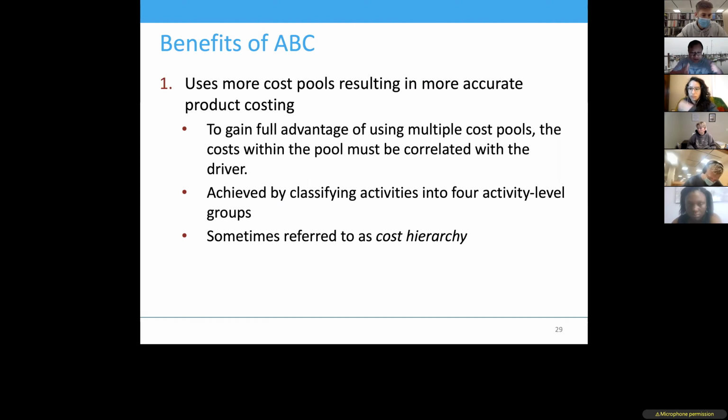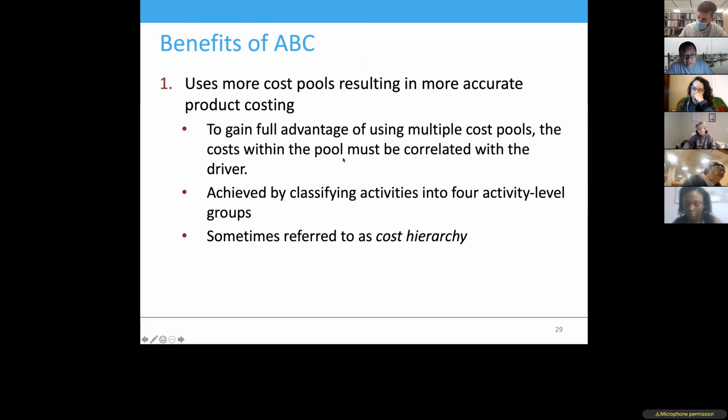But now, since you subdivide this overhead cost into different cost pools, you can select different cost drivers that will better reflect the cost of each cost pool. So in this way, you are improving the correlation between the cost driver you are using and the cost.